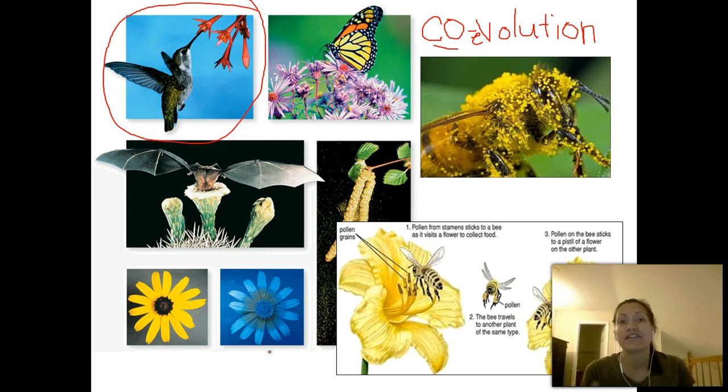So having this specificity is allowing the coevolution of these species. Hummingbirds' bills are getting thinner, which is allowing them to take advantage of thinner flowers. Flowers are getting thinner in order to make sure that only hummingbirds are eating on it.